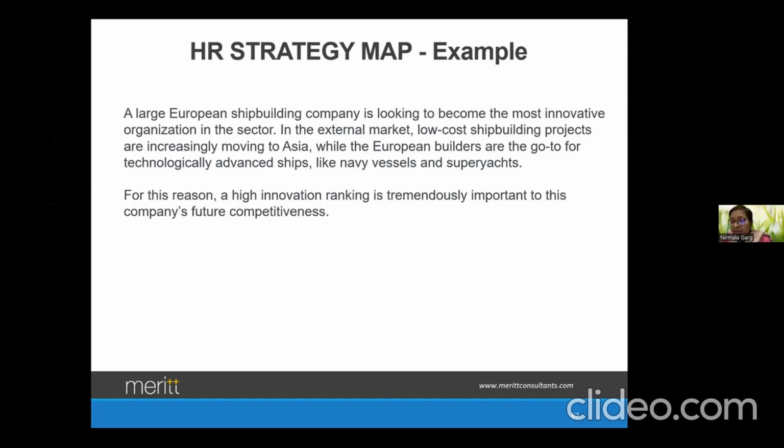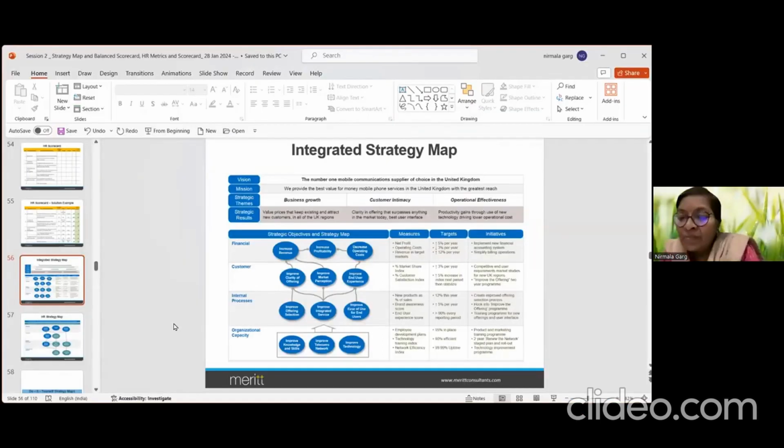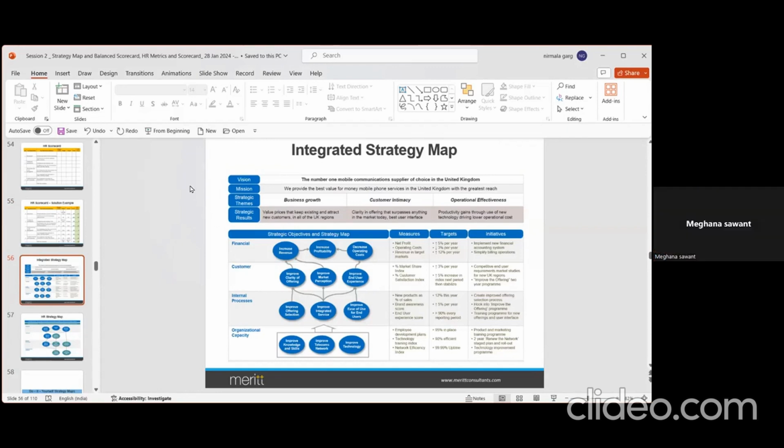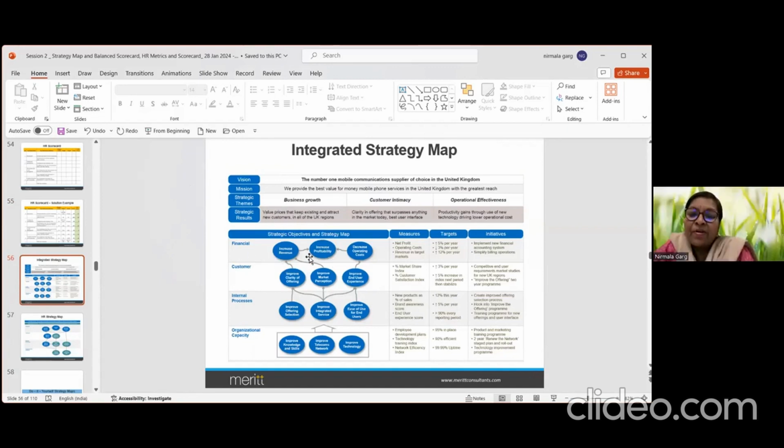So do that. Say, for example, this is just one case study of a strategy map, at a company level, at an organization level. This is clear? With the 4 perspectives, with the strategy map showing the cause and effect relationship.